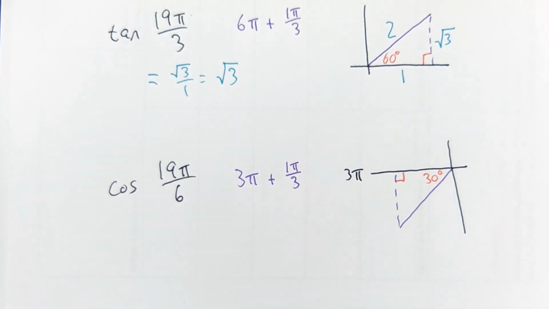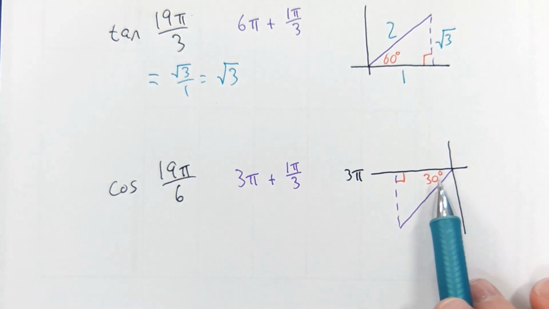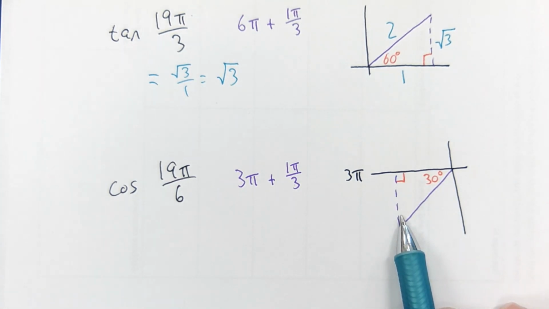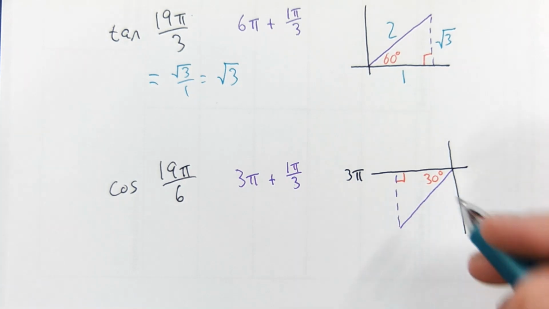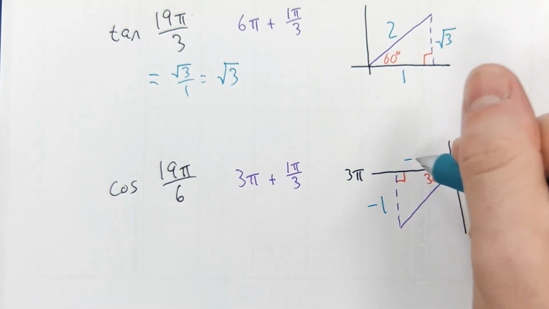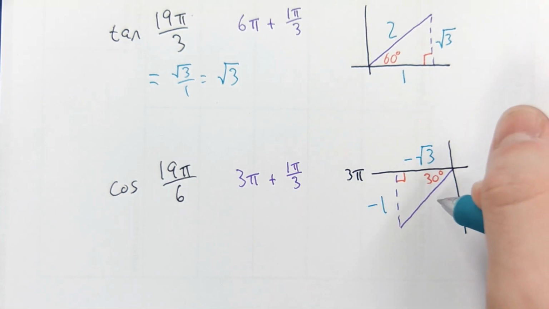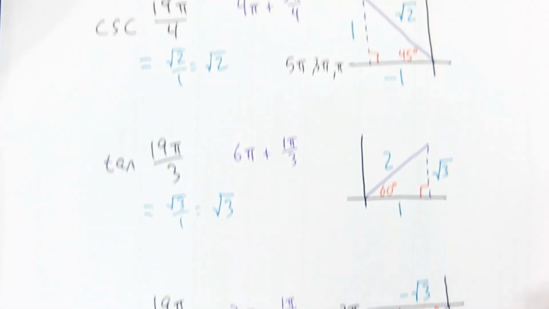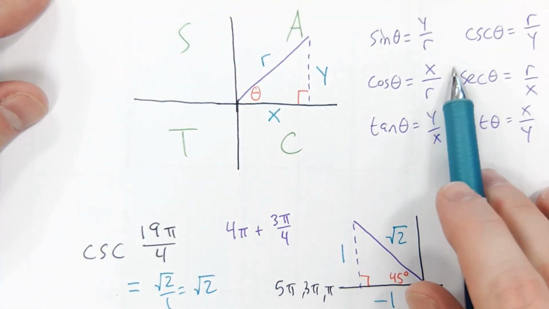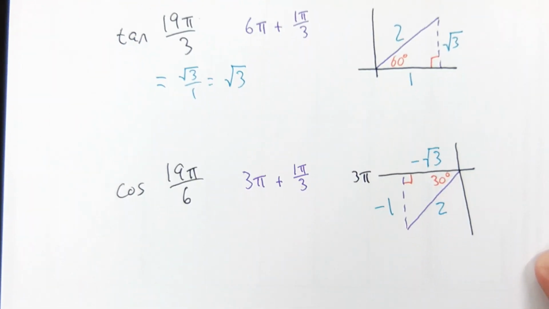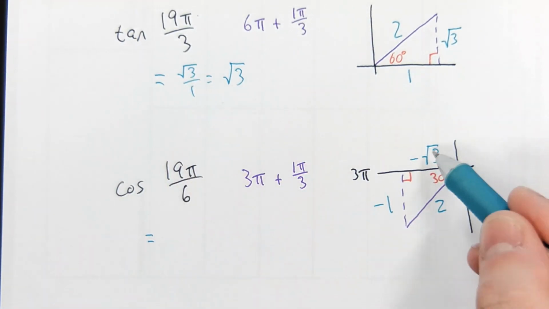There's always a value of 1 across from a 30-degree angle, but in quadrant 3, both x and y are negative. So this is a negative 1. That makes this root 3 negative root 3. And the hypotenuse, the radius, is a 2. And cosine uses the x value over the radius. Negative root 3 over 2.